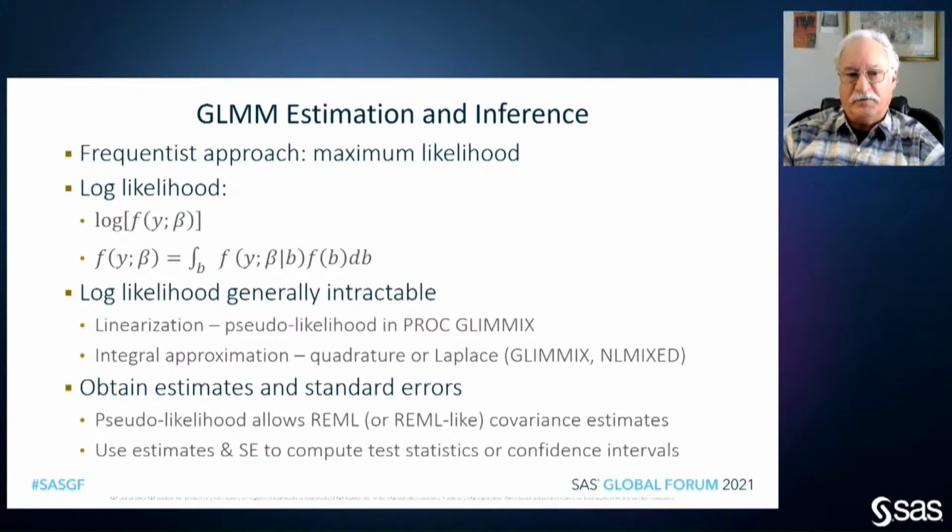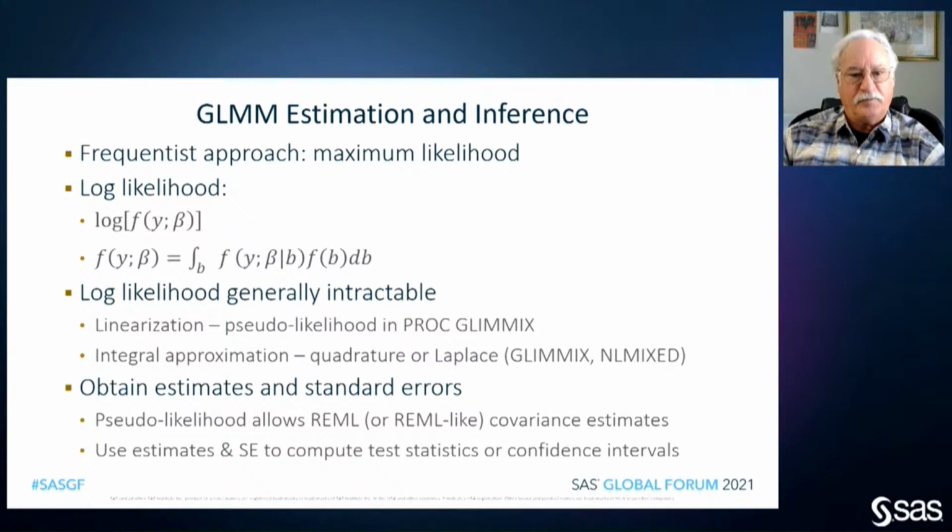This log likelihood is generally intractable, so there are a couple of strategies for dealing with it. The default algorithm in PROC GLIMMIX is linearization, or what's called pseudo-likelihood, or we could do integral approximation either with quadrature or Laplace. And so quadrature is available both in GLIMMIX and in PROC NLMIXED. So through one of these computational strategies, we obtain estimates and standard errors.